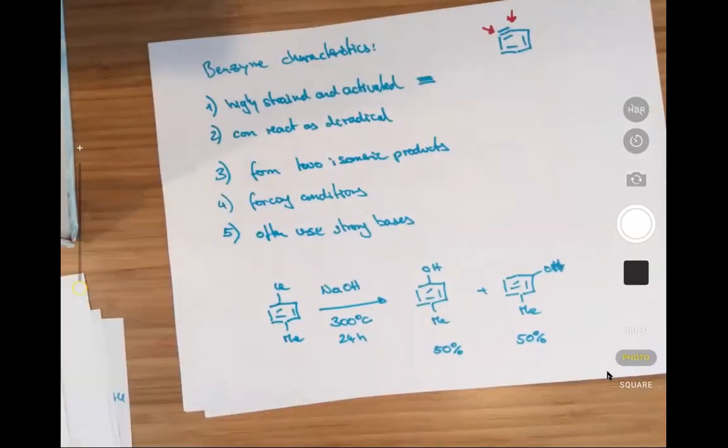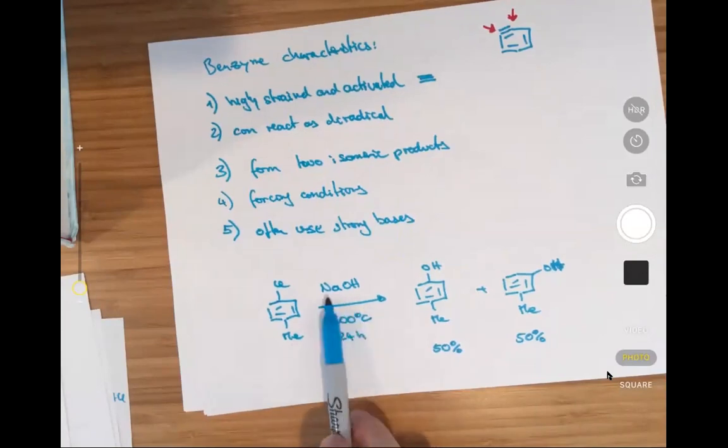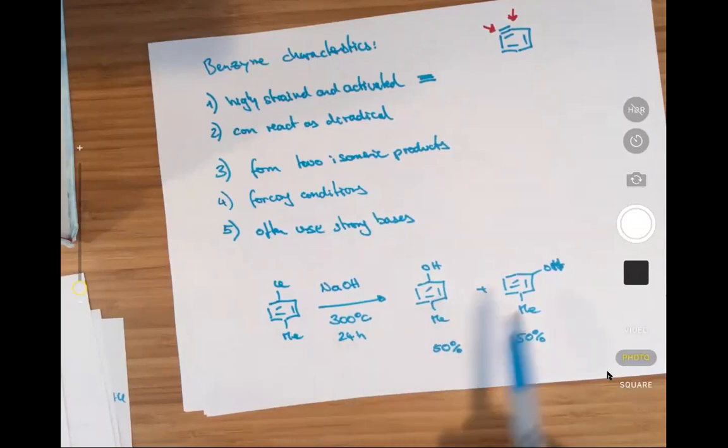Okay, so the last thing that I want to talk about today is other ways to generate benzynes. All these reaction conditions here, for example, liquid ammonia and sodium amide or sodium hydroxide at 300 degrees, are really brute force methods to generate benzynes. And oftentimes, the reagent that you want to introduce at this stage is not stable under these reaction conditions.